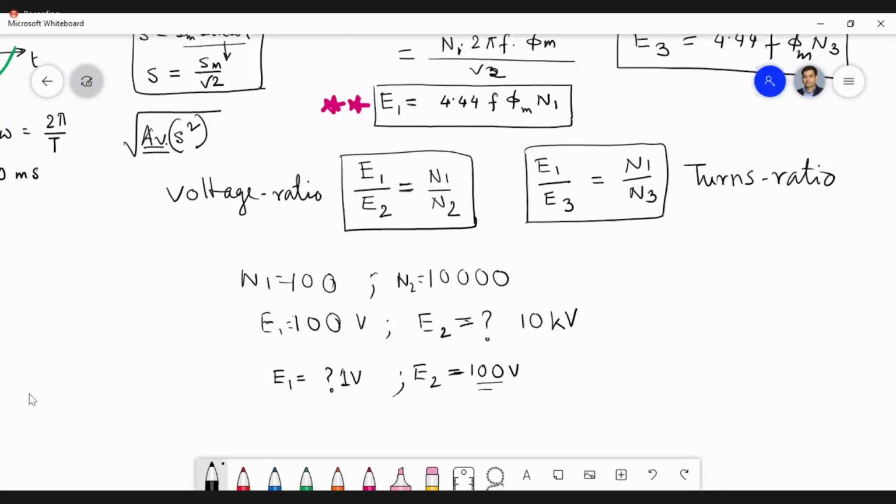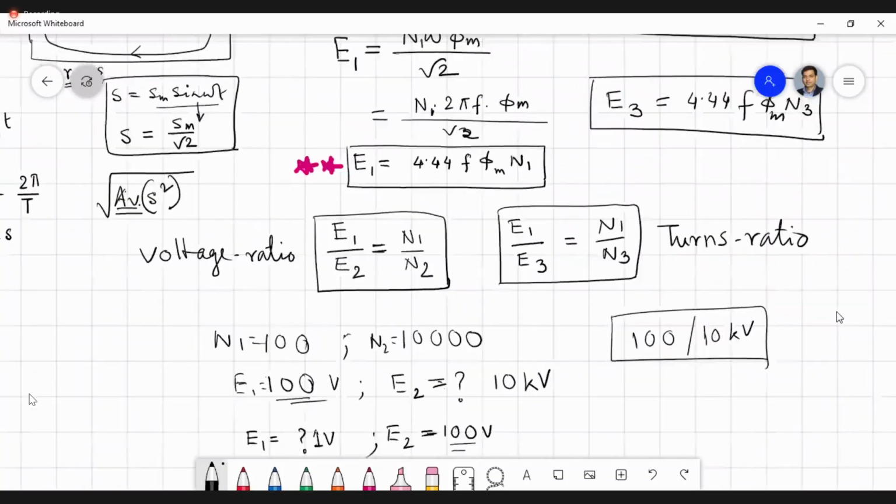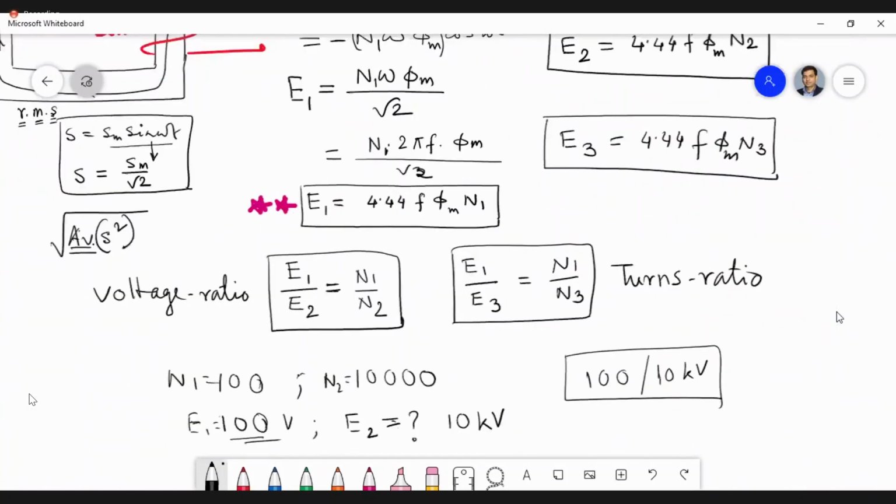Suppose you have the voltage ratio of 100 volt by 10 kV. This is the transformer. Now in this transformer, you'll get 10,000 volt from one side and 100 volts from the other side.